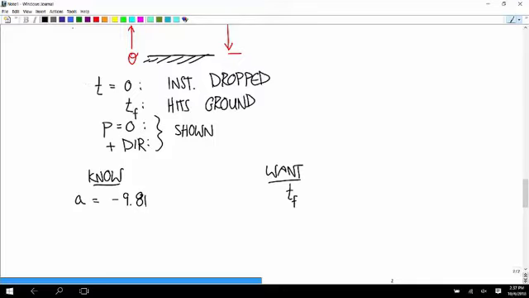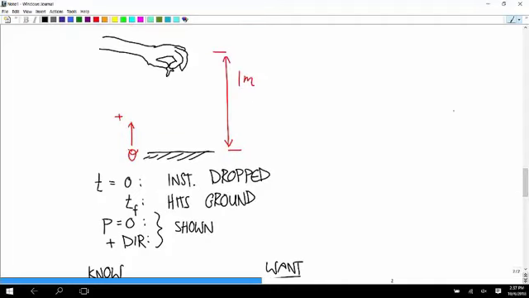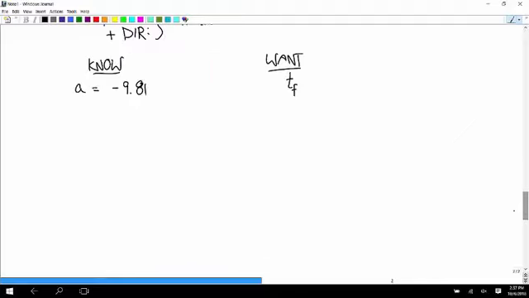Do we know the initial position? Do we know the position of the bullet at time equals 0? Yeah, it's 1 meter in the positive direction from 0, so that's positive 1. Do we know the final position? Yep. Do we know the initial velocity?